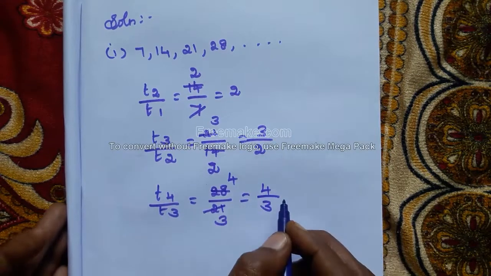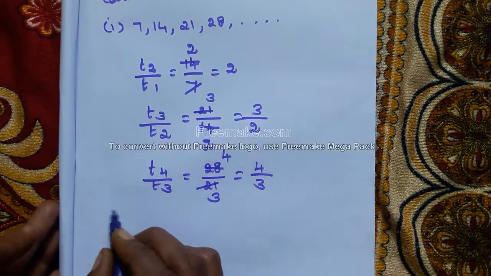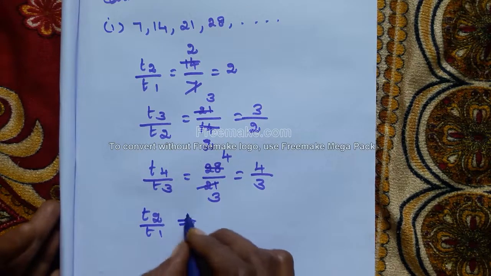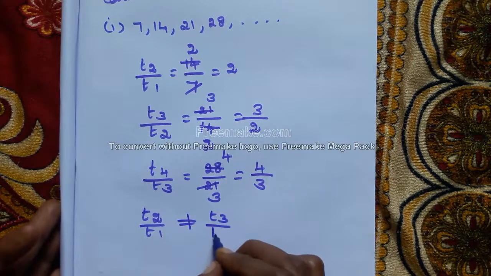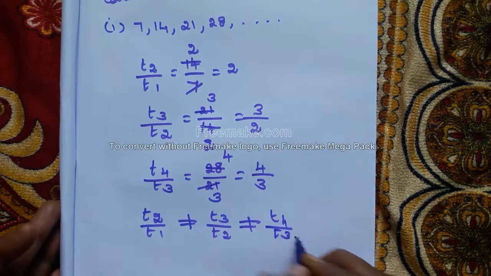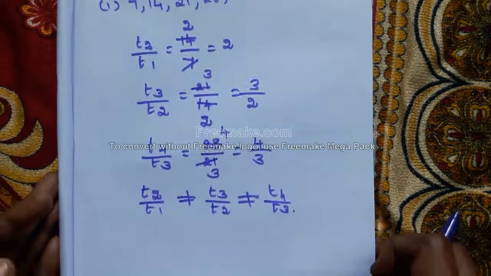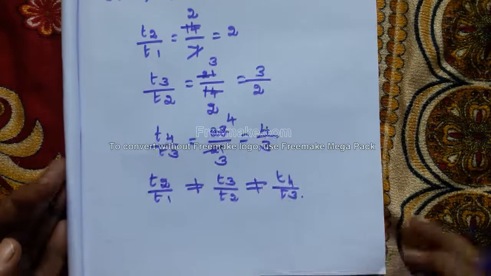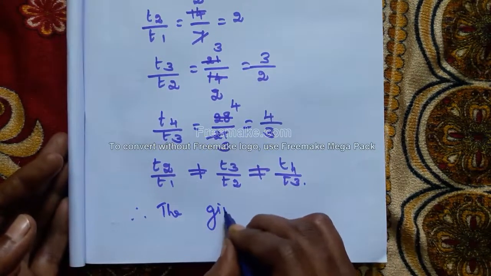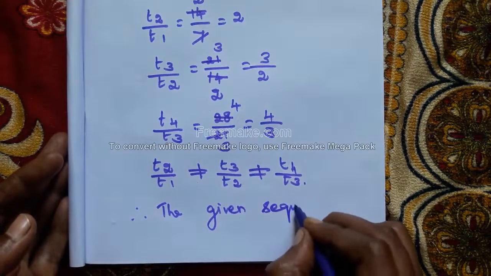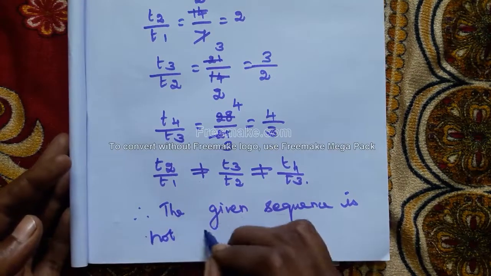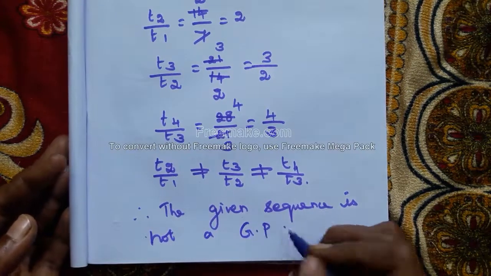Is it equal? No, it is not equal. Here T2 by T1 is not equal to T3 by T2, which is not equal to T4 by T3. Therefore, the given sequence is not a GP. Clear, students?